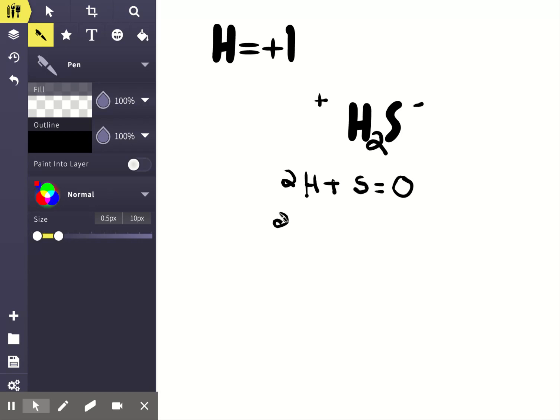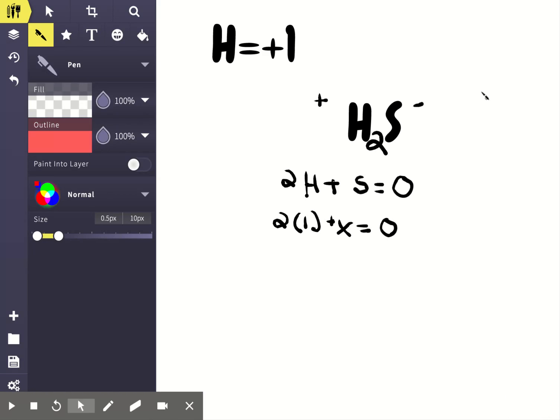Alright, so we're going to do 2, put the 1 in here since it is a plus. I'm just going to use x as our variable so it's easier. We're going to set that equal to 0. Alright, so we're going to subtract 2 from both sides, and we would get x equals -2.